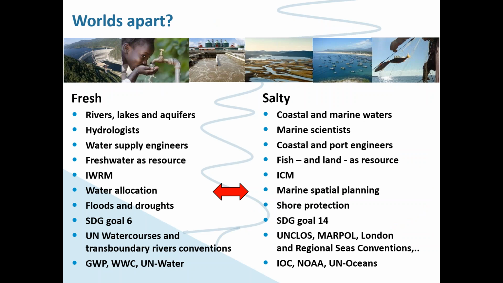At the same time, the water world is more or less completely divided into fresh and salty, where the salty part is very aware of the impacts of upstream activities but has little influence over them. And upstream, the coast and the sea can feel very far away sometimes, while there is perhaps more focus on issues related to production and water allocation.